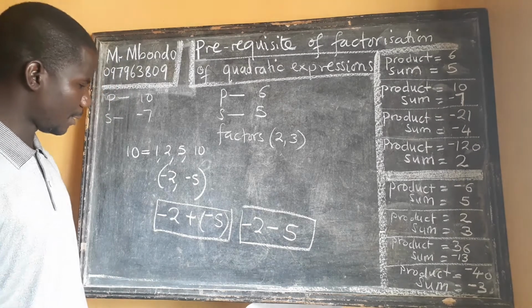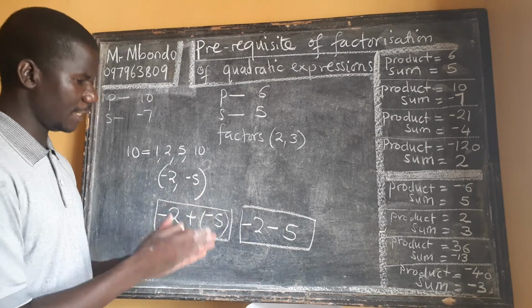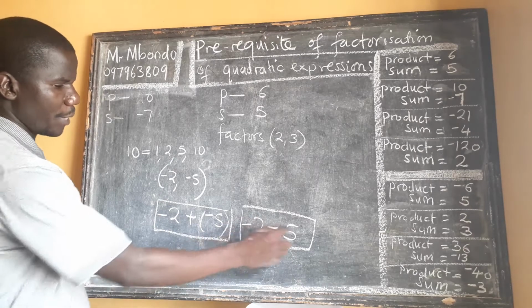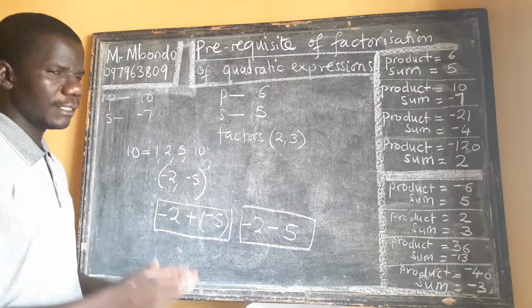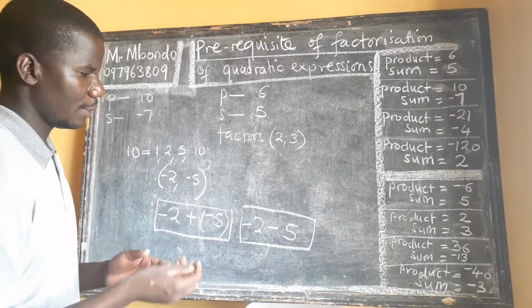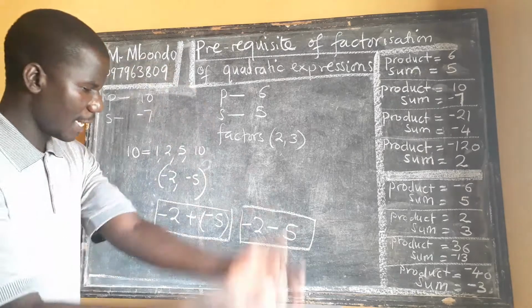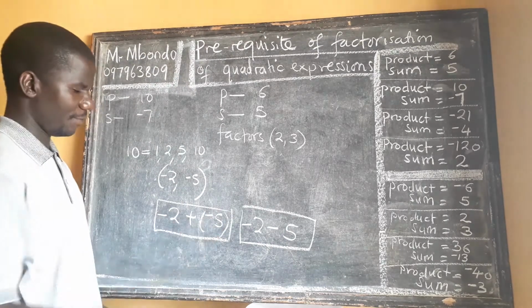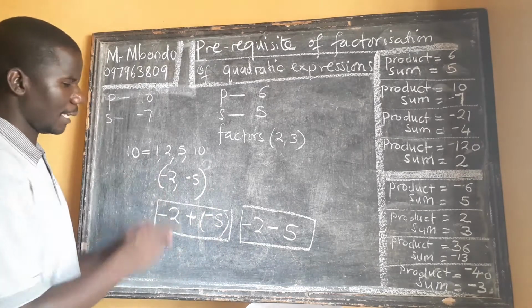So that is the point here. We are going to have the same sign. Okay, we're adding them. So when we add these two, they will give us negative 7. When you are adding two integers of the same sign, we say you add the two integers and keep the sign. So negative 2 and negative 5: we are adding 2 plus 5, then keep the sign, which is negative 7.